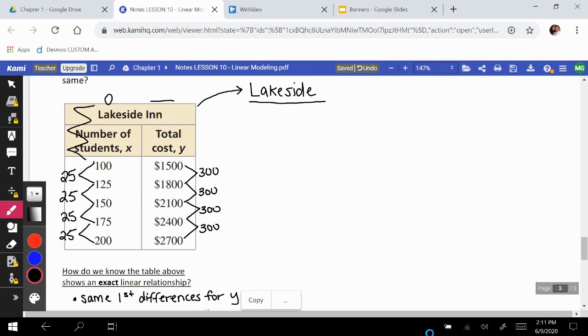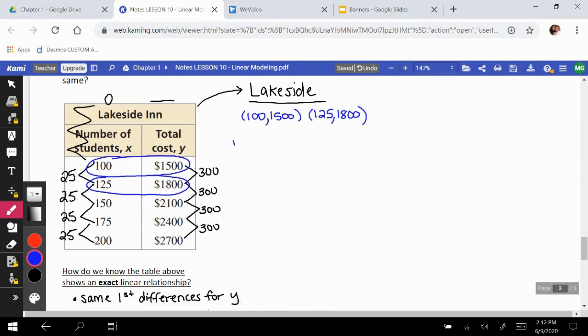Okay, so I'm going to just pick 2 points on the line. So let's just pick the ones with the lowest values. I'm going to pick the 100, 1500, and the 125, 1800. And I'm going to use that to calculate the equation for Lakeside.